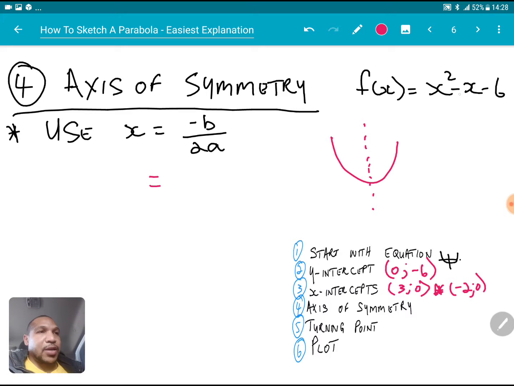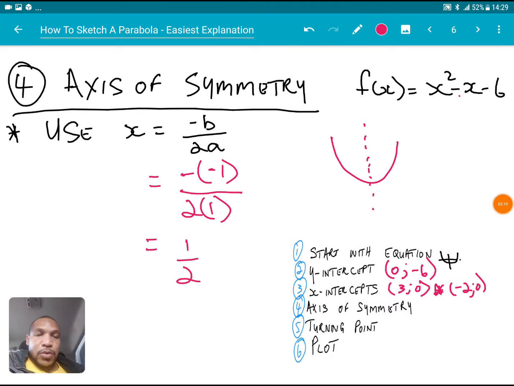Here's our b, so we'll have negative, and b would be -1, over 2, and a would be 1 because there's a 1 next to the x. So our x value for the axis of symmetry will be a half. So we'll put a half here next to the axis of symmetry, and that would be an x value.